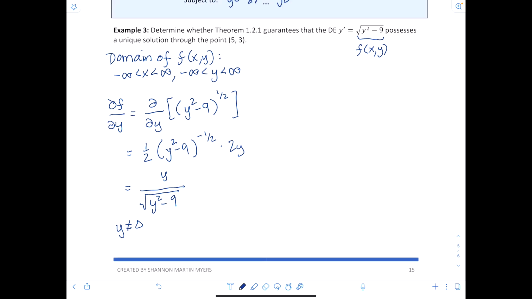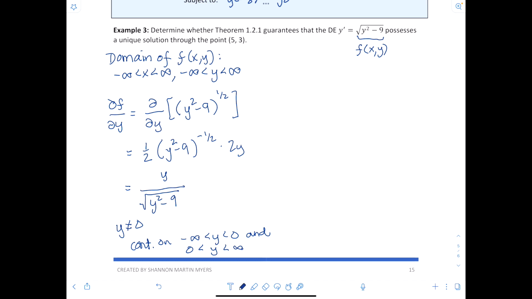Y can't be equal to 0. So it's continuous on minus infinity less than y less than 0, and 0 less than y less than infinity.